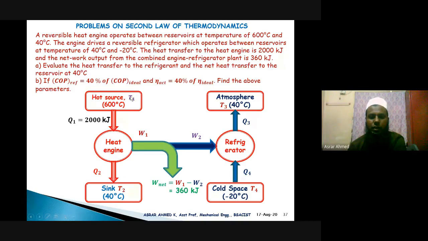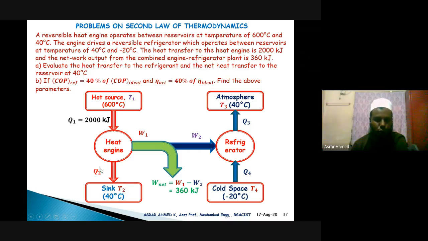So these four red color boxes, T1 is one reservoir, T2 is one reservoir, T3 is one other reservoir, and T4 is another reservoir. So heat engine is working between two reservoirs and refrigerator is working between two reservoirs. So they are asking the net heat transfer to the reservoir at 40 degrees centigrade. So which is 40 degrees centigrade? 140 degrees centigrade here. So they are asking Q2.